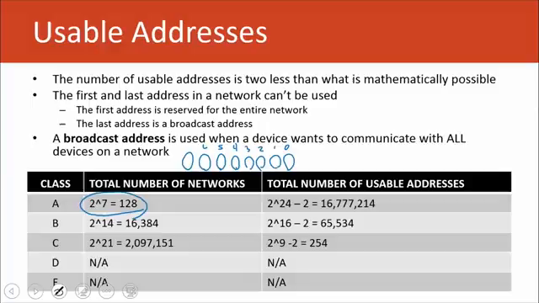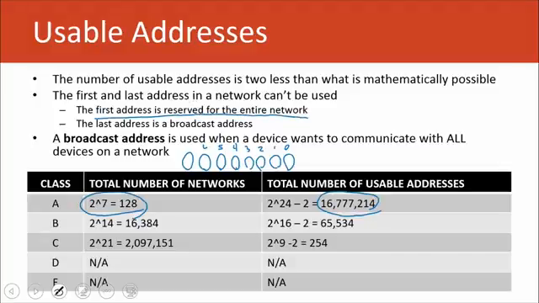So going back to what we were saying, the total number of available network addresses is 128 in a Class A network. The total number of usable host addresses, however, is 16,777,214. There are actually 2 more addresses that are available, but they're not usable, because the first address is reserved for the entire network.